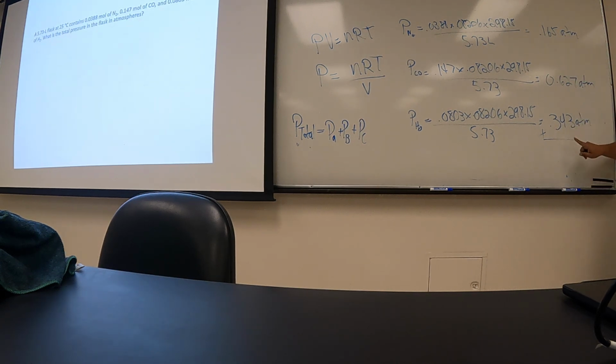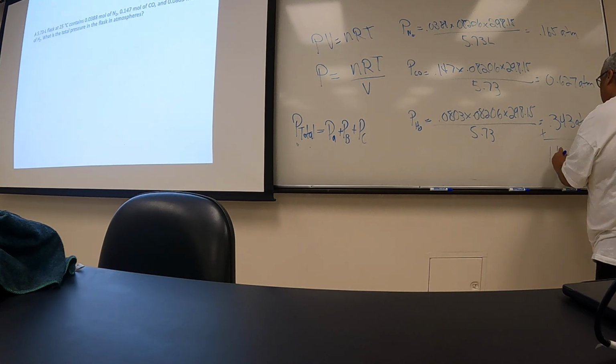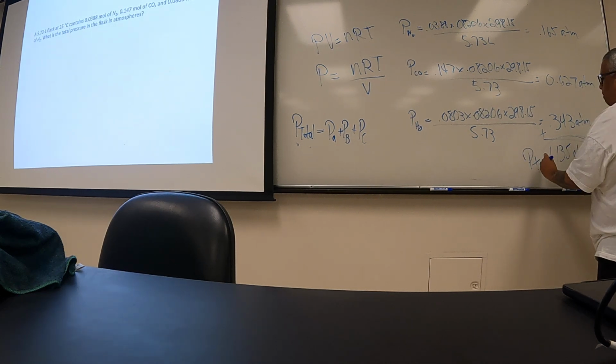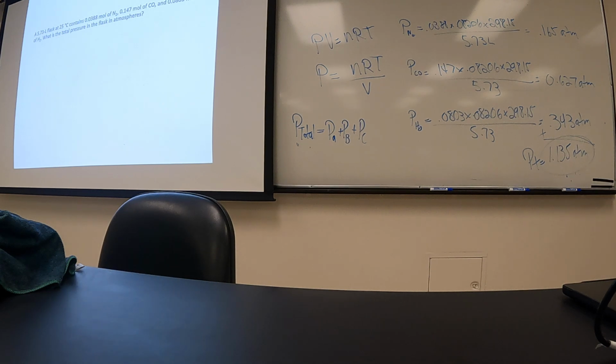So what is this plus this plus this for our total pressure in atmospheres? So total pressure is 1.135 atmospheres, right?